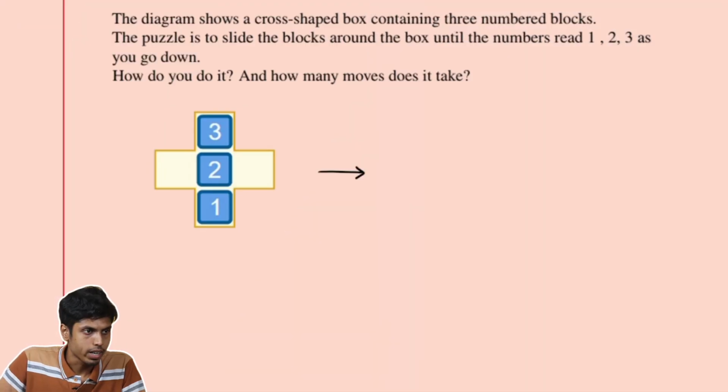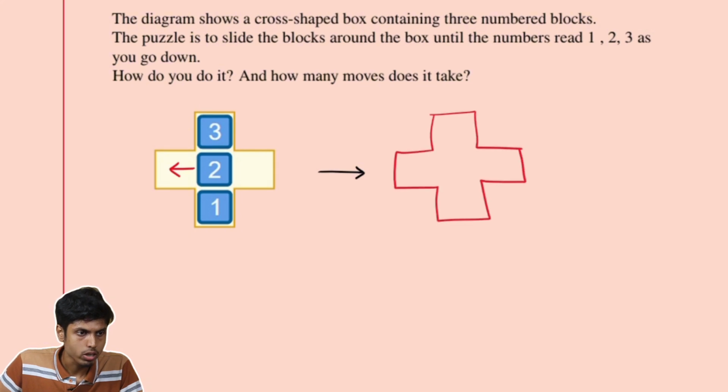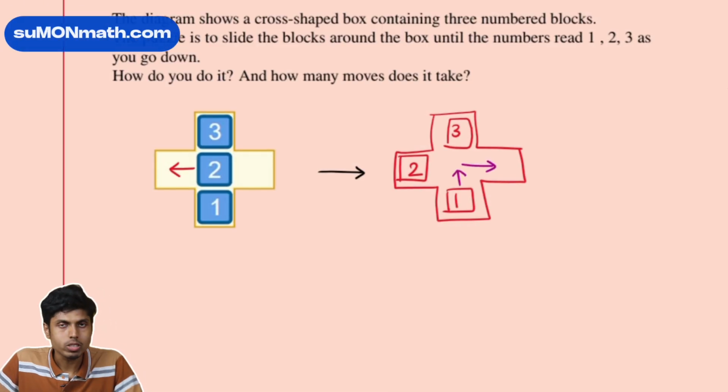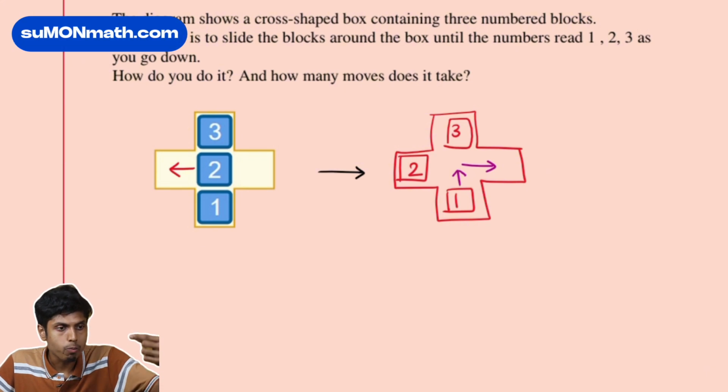So with that in mind, let's say bringing 3 to the bottom is our aim. So we first move 2 because that's the only possible way. No other block is mobile. So 2 is here, 3 is here, 1 is here. And now I'm going to shift 1 here and afterwards to the right, because I'm now paving pathway for 3 to move to the bottom.